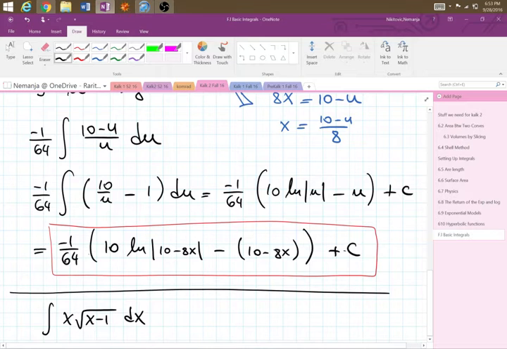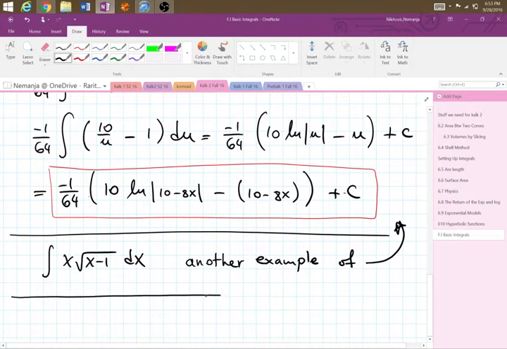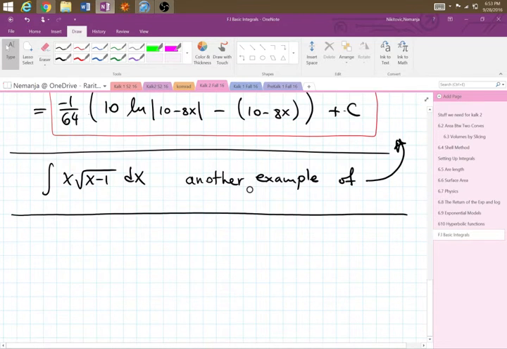So this is another example of the problem above. Let's take a look at, how about this problem?